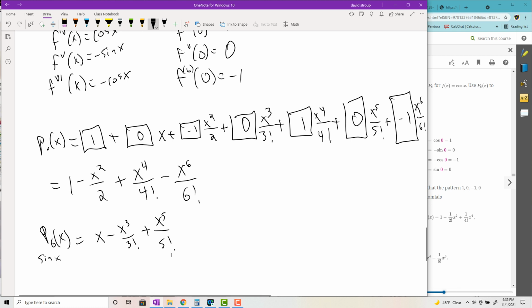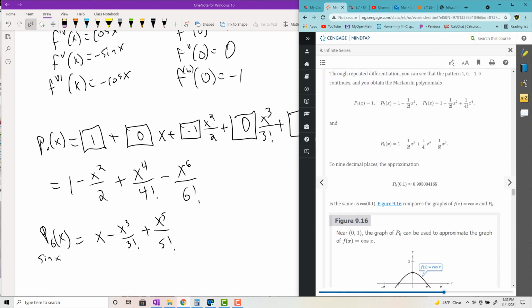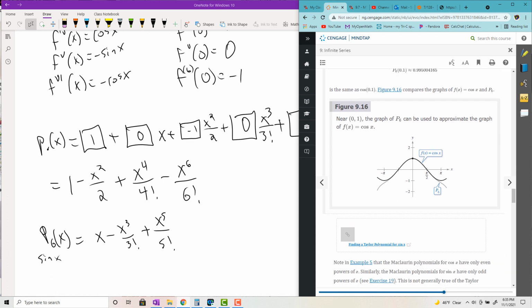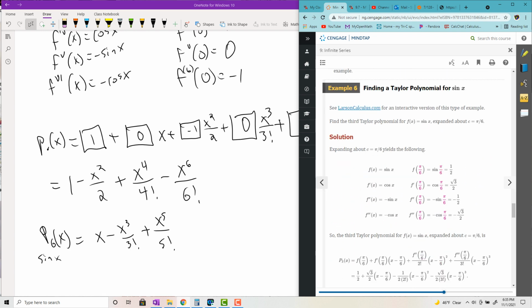The 6th term will be 0. Okay. And then they're showing you P sub 6 on top of cosine. So P sub 6 is a really good approximation in between almost negative pi and pi. So you get a pretty good approximation.